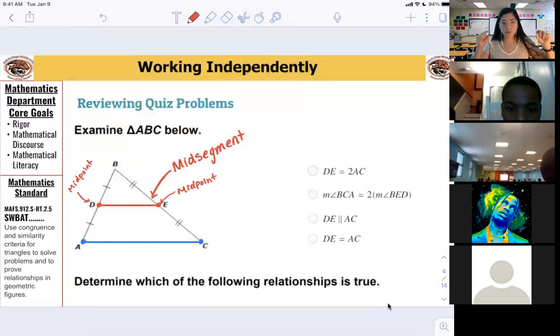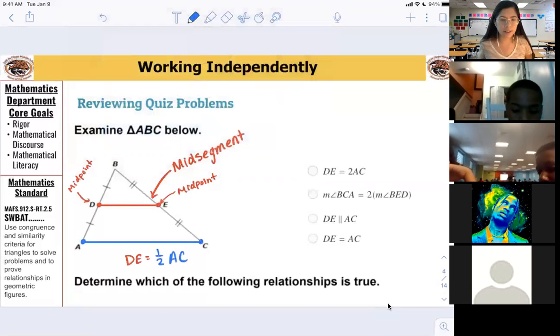So we know that both of them are midpoints, so the whole thing is a mid segment. And like Tyrone said, DE is 1/2 of AC, right? We know that.